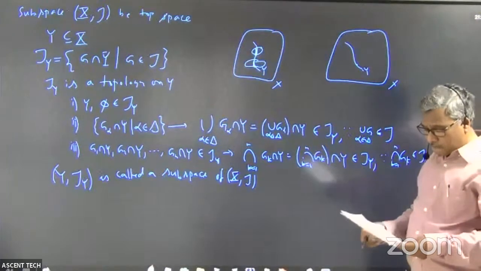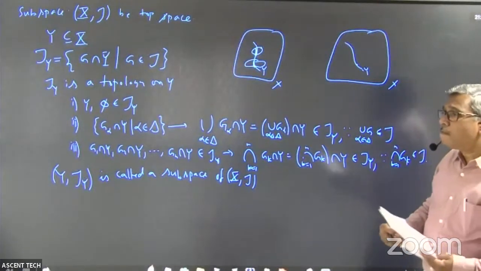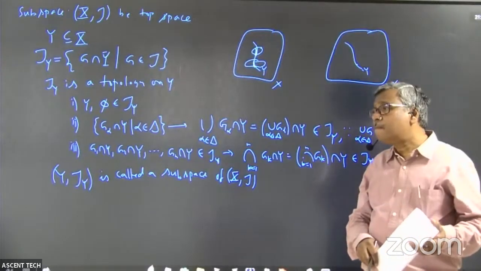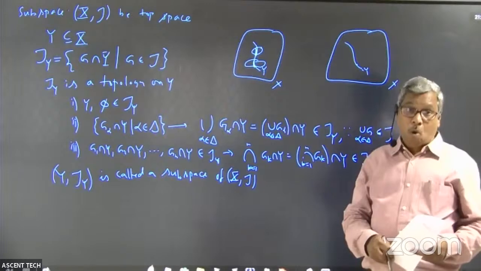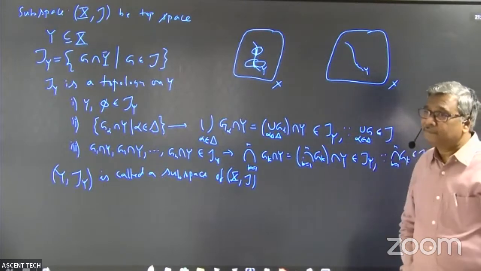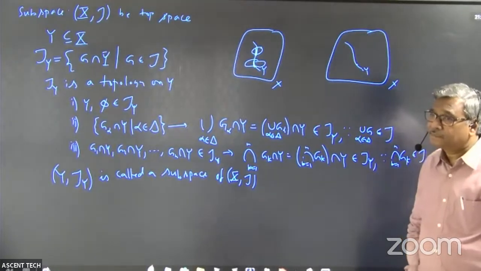Yes, this is very interesting. Basically, this is a constructive approach. You can create as many topologies as you want by taking a bigger topology and any subset, and then you can build a new topology out of it.